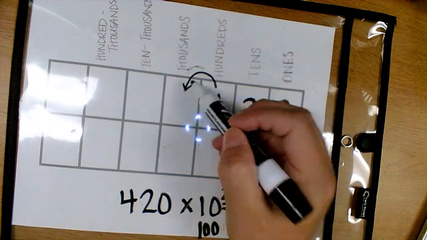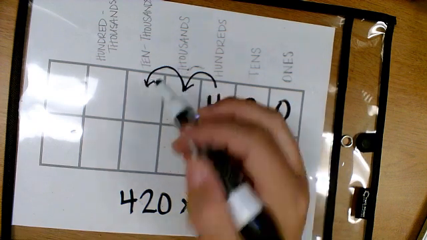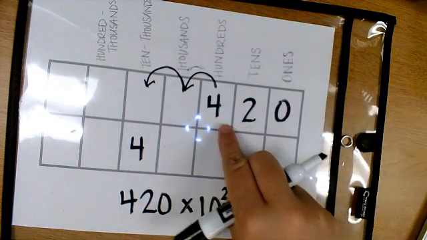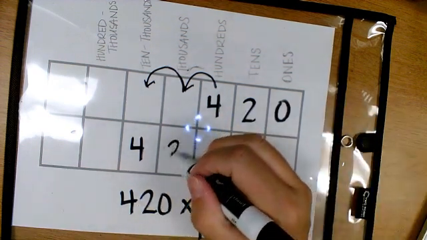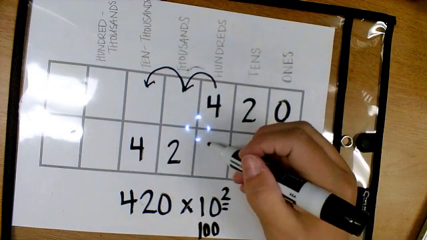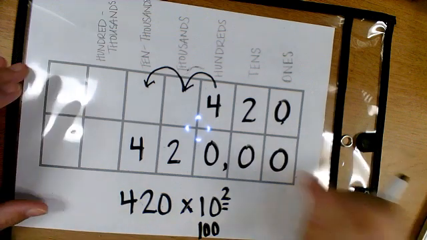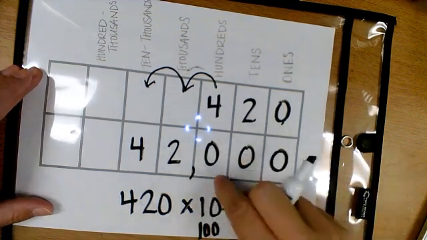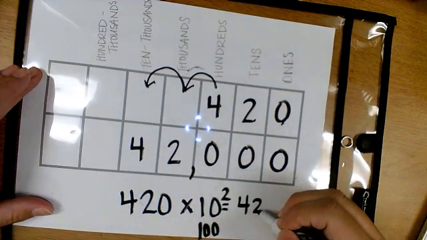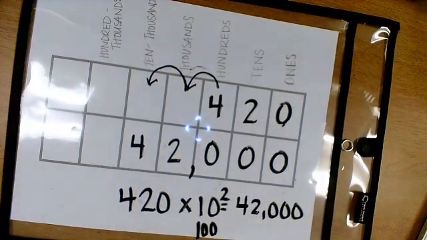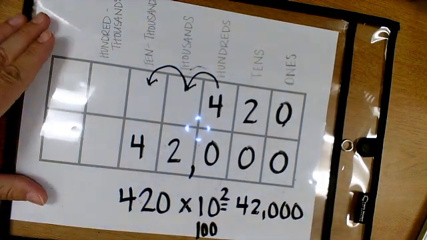So I'm going to jump once and jump twice. Every digit also jumps twice. So that 0 jumps twice, and then we just fill in with zeros. So we get 42,000. So 420 times 10 to the second power is 42,000.